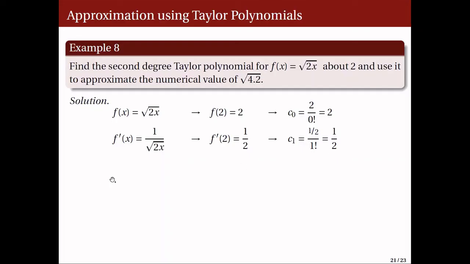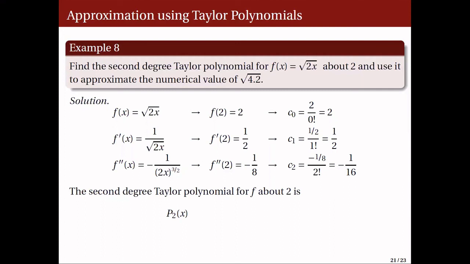Lastly, f double prime of x equals negative 1 over the quantity 2x raised to 3 halves. Evaluating this at x equals 2, we get f double prime of 2 equals negative 1 over 8. And so, c sub 2, which is our third coefficient, is equal to negative 1 over 8 in the numerator and 2 factorial in the denominator, which gives us negative 1 over 16.